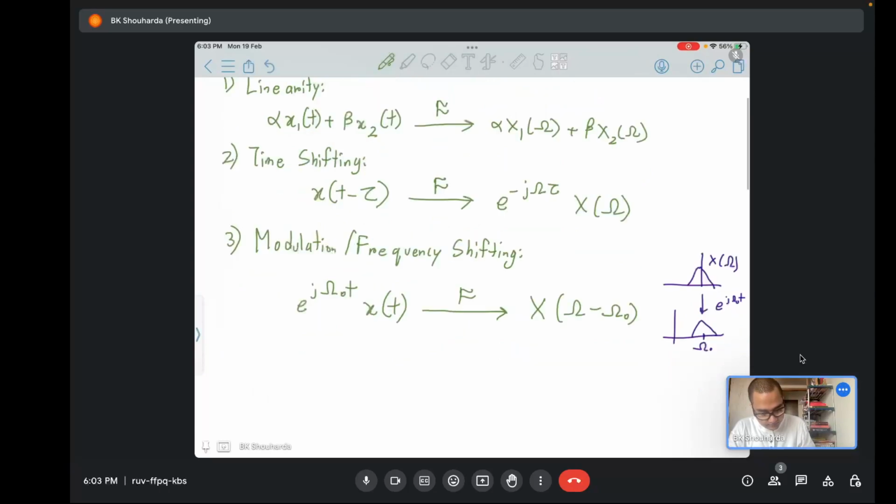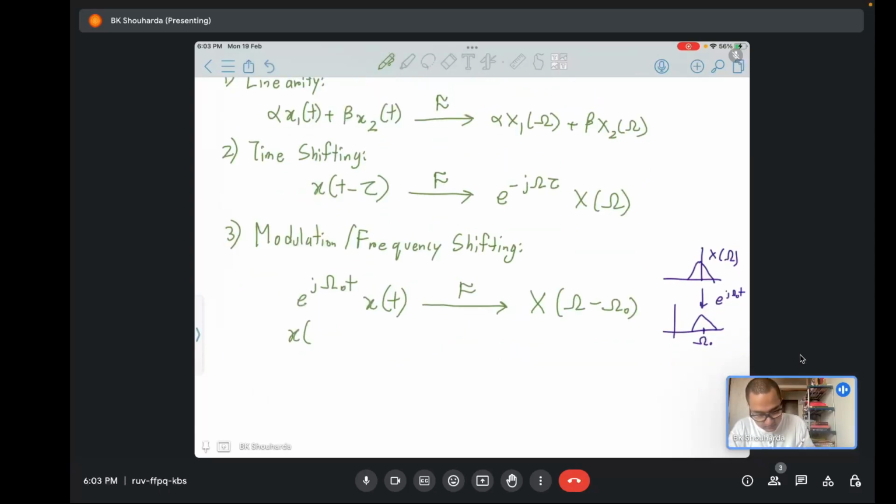Then we have a more realistic version, since complex exponentials are not something physical or realizable in a direct sense. I mean, you cannot use signal generators to generate complex exponentials. Then we define something which is realizable, wherein you take the signal x of t and you multiply it by a sinusoid or a cosine, which I am denoting by this symbol.